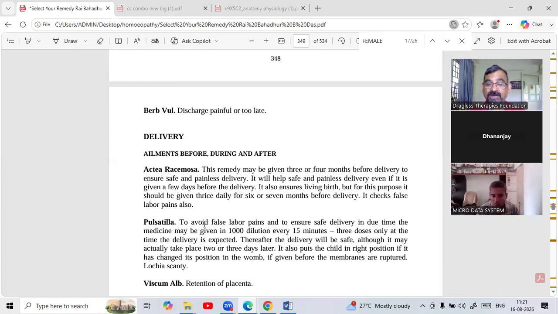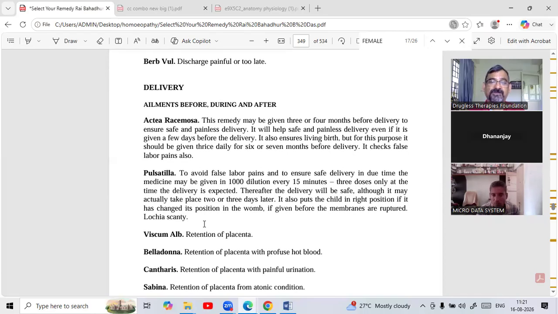pulsatilla is also a very good remedy, as we saw in the previous video. If the head is not fixing at the time of delivery, the unturned baby, pulsatilla is a wonderful remedy. After that, you will rarely get chances of things like retention of placenta.